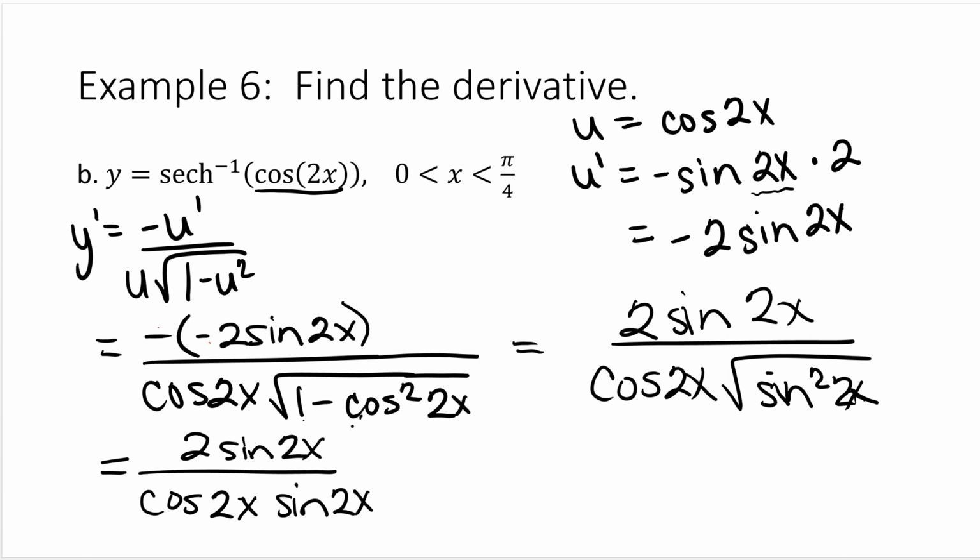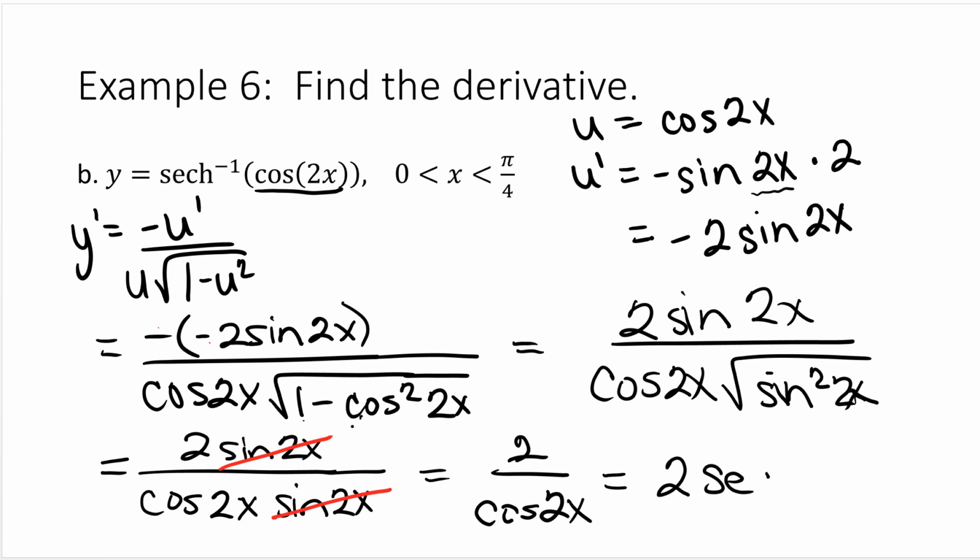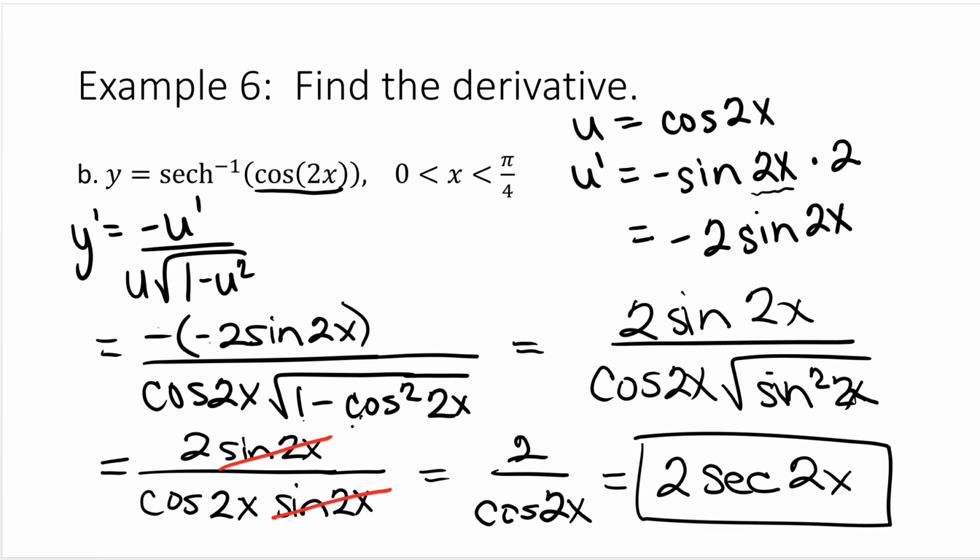So I can simplify that squared underneath my square root. And then we see we have a sine of 2x in both the top and the bottom, so those could cancel each other out. So then I'm left with 2 over cosine of 2x. But if I have 1 over cosine, remember that's really just the same thing as secant. So I really just have 2 times the secant of 2x when I simplify my answer here.